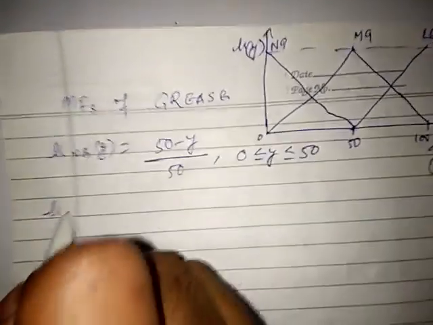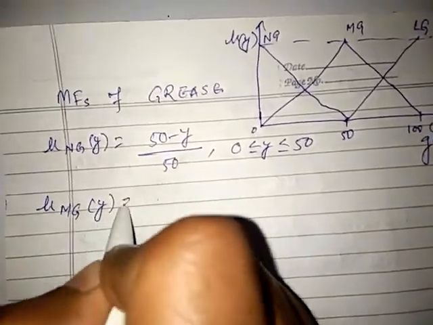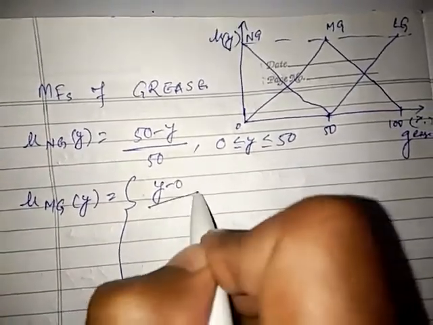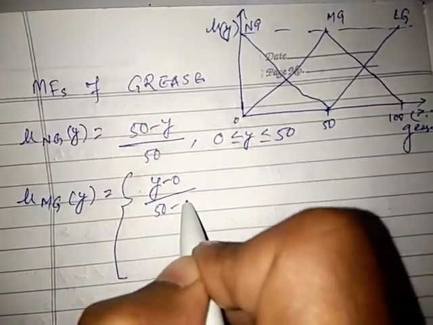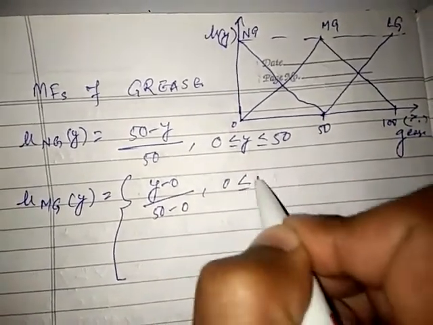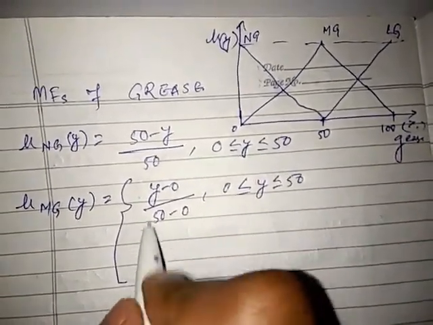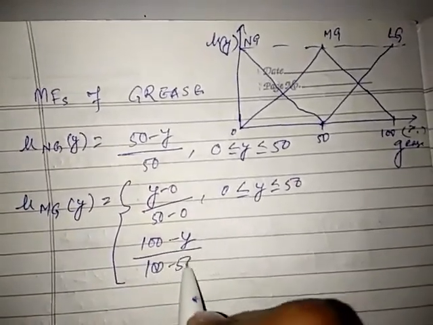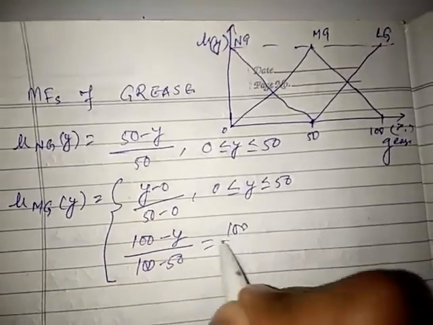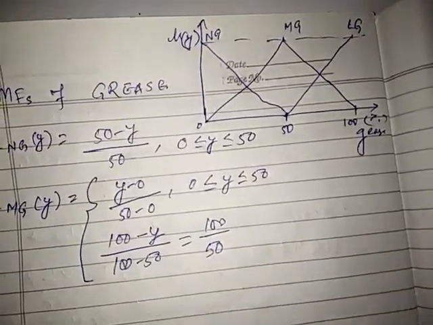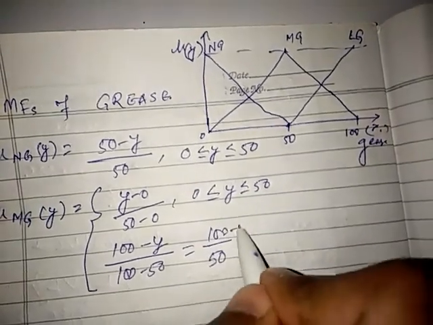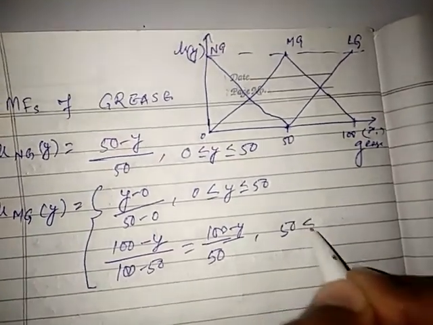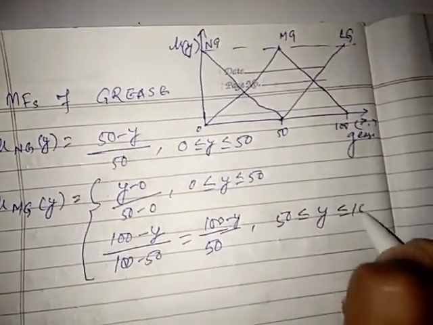Membership function for the medium grease y, it again has two ranges. The first range is y minus 0 divided by 50 minus 0, that is 0 to y to 50. And the second range is 100 minus y divided by 100 minus 50, that is 100 minus y divided by 50, and the range is 50 to 100.